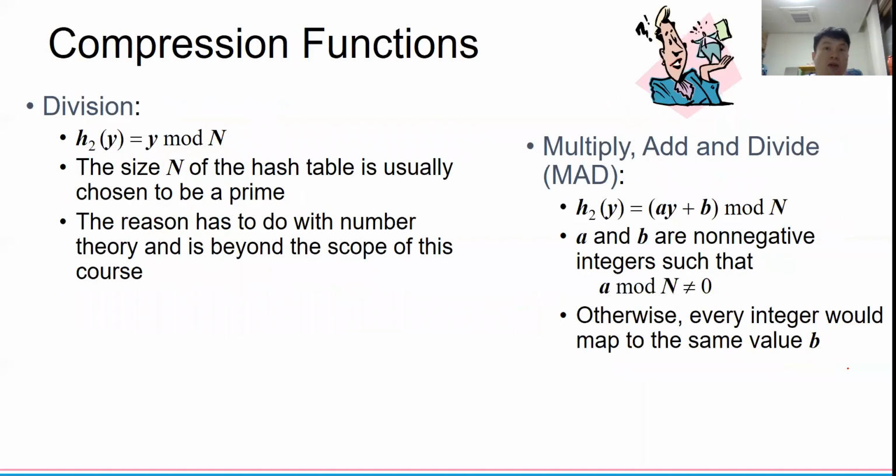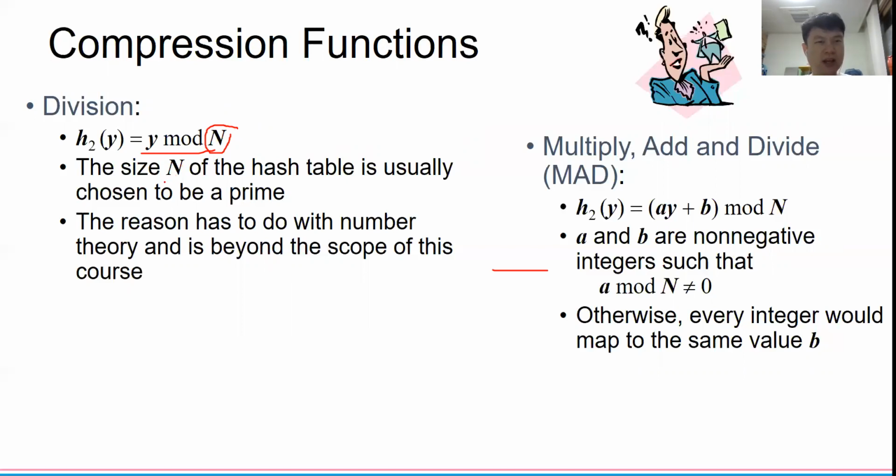The other step after the hash code is the compression function. For the compression function, you can deal with mod. In the first part, I already explained that one of the functions is y mod n, where n represents the size of the list.